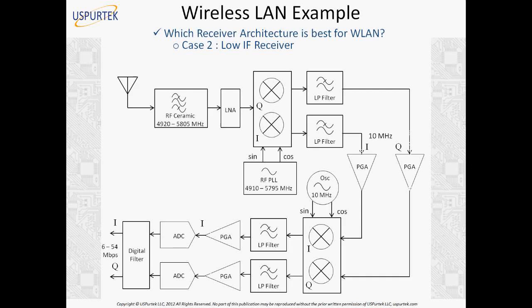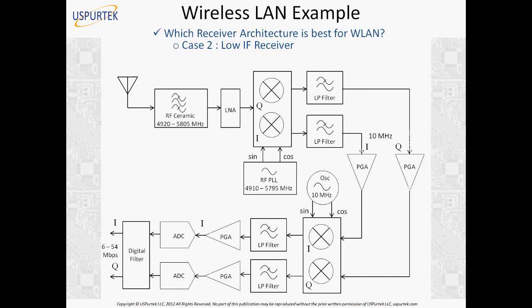Now it is still IF, although IF is reduced and we are splitting at the front end itself, and there will be some pros and cons here too. So pros are no need for IF SAW filters because the frequency is much lower. IF SAW filters are needed at higher frequencies. So no need for an IF SAW filter and a PLL for IF. That will reduce the cost definitely. No DC offsets because it's a super heterodyne. Better integration.